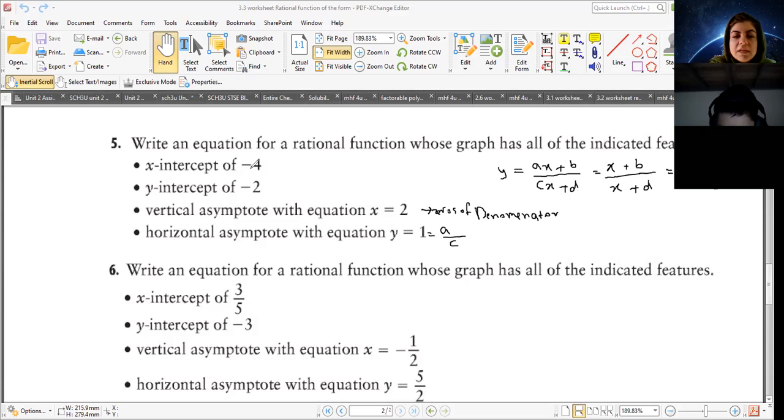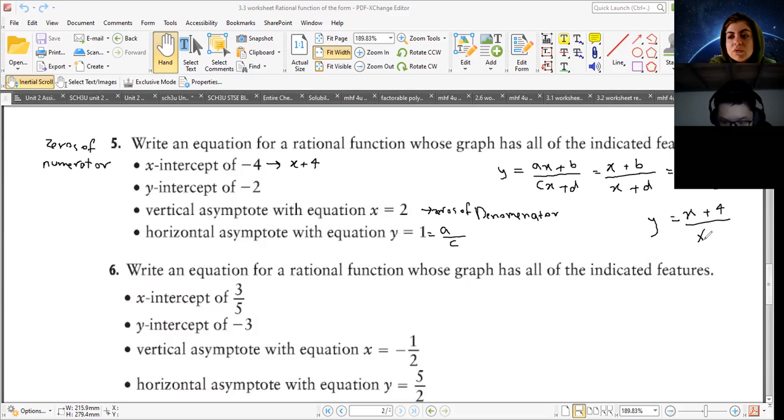The x-intercept is negative 4, which means the zero of the numerator is negative 4. So at the top you should have x plus 4, divided by x minus 2.